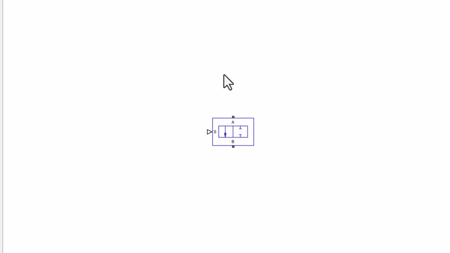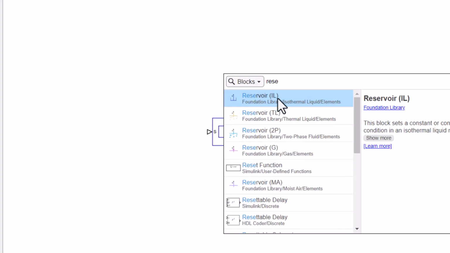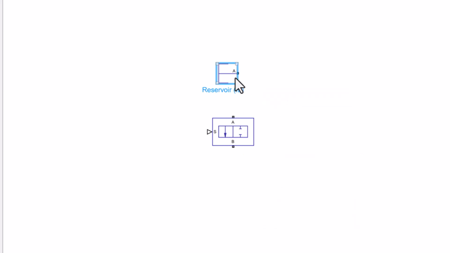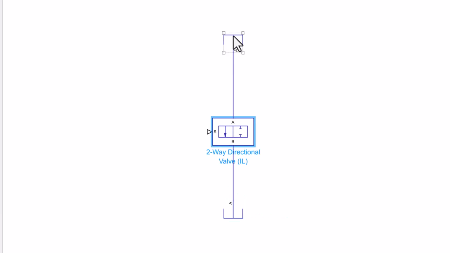So in order to have a complete system, I'm going to add two reservoirs, which must be isothermal. And now this is a complete system. So the fluid comes from this reservoir into this one, and it passes through a valve.